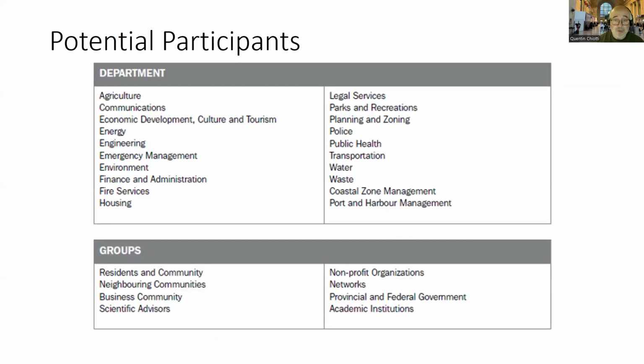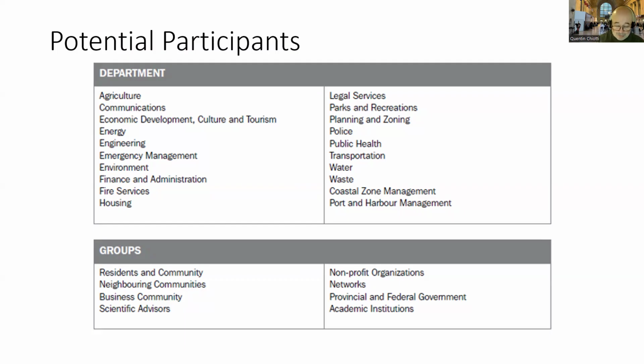Again, I just thought I would draw those forward. You can see on the top the representatives from within the city, primarily. Although you might say, well, port and harbor management, is that part of the city? Well, probably, most likely. And then the groups across the community that you may want to engage.